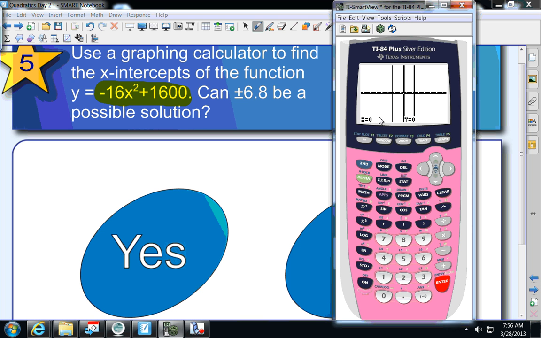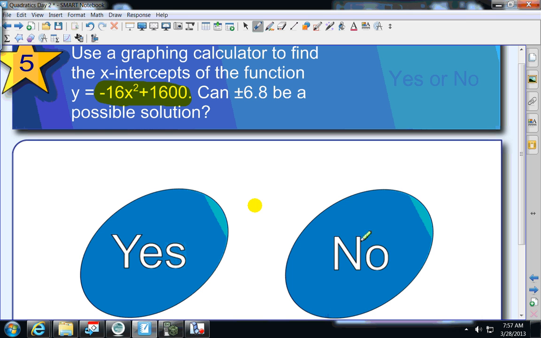It's somewhere in there. But when I go to look at it, it's at negative 10. All right, so negative 10, and then I bet it's probably positive 10, isn't it? Yeah, it is. So is 6.8 a solution? No, it can't be. It's not crossing there.